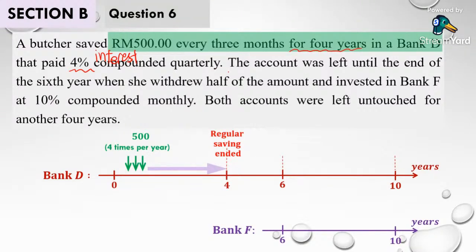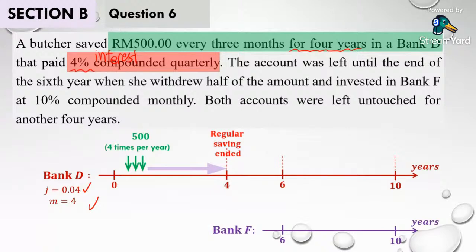After 4 years, there might be some changes. What changes, we will see further. But for sure, this saving, 500 4 times a year, ends at the end of the fourth year here. Then the interest is compounded quarterly at 4%. So that means this bank gives j equals 0.04 and m equals 4.